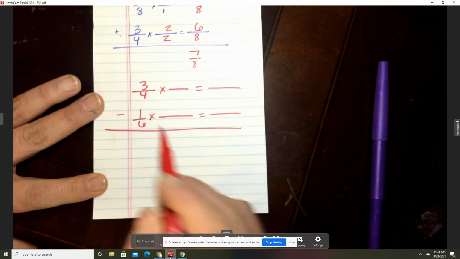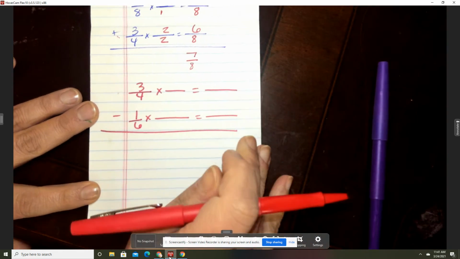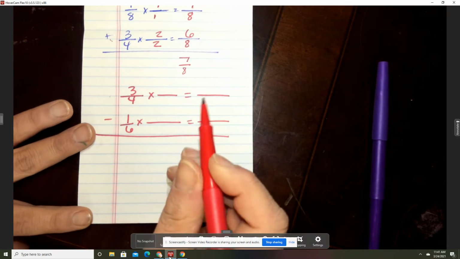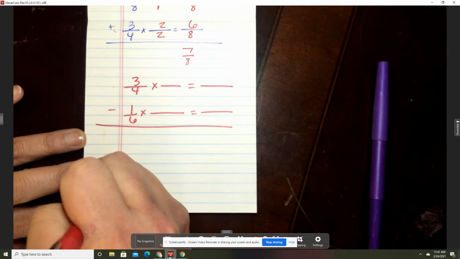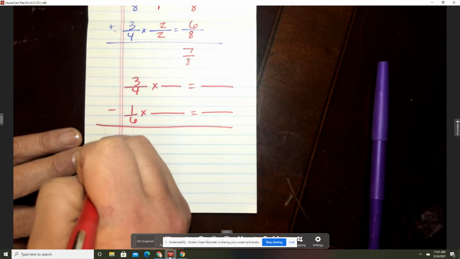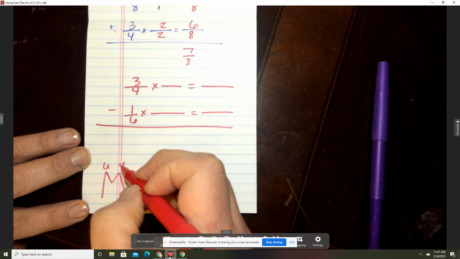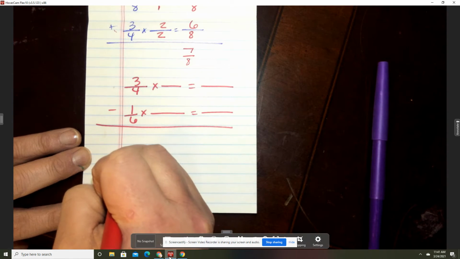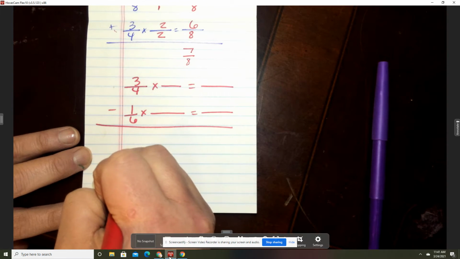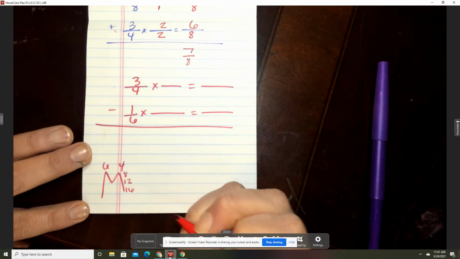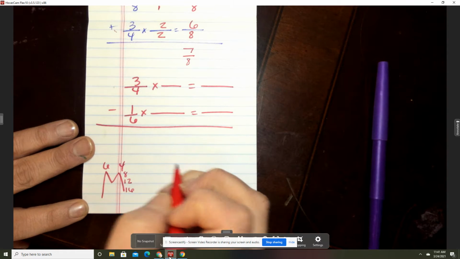So I'm looking at 6 and I'm looking at 4. 4 will not go into 6 evenly without a remainder. So what I'm going to do is come up with the multiples. 4 times 1 is 4. 4 times 2 is 8. 4 times 3 is 12. 4 times 4 is 16. I'm going to stop there for now just to see if I have any common numbers.